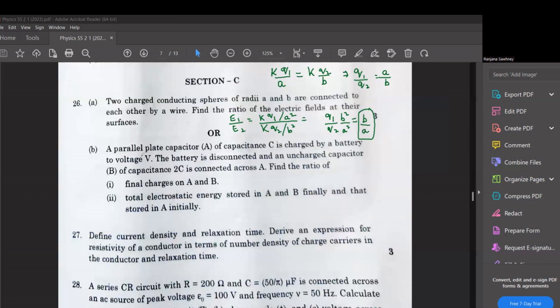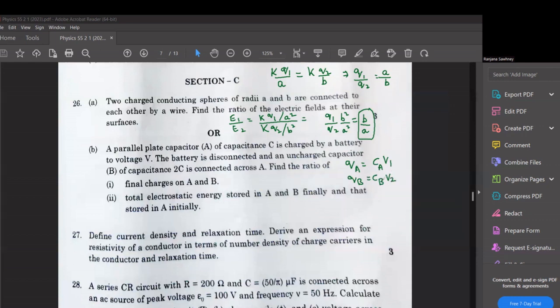Okay, there's a choice. B part: a parallel plate capacitor C is charged by a battery. It is disconnected and connected to another uncharged capacitor whose capacitance is 2C. Find the ratio of the final charges. We know that Q is equal to C into V. So Q for the A capacitor will be equal to CA into V1 and Q for the B capacitor will be equal to CB into V2.